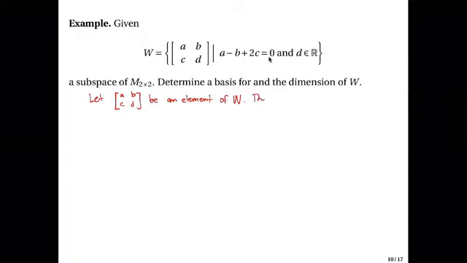Then you have A minus 2B plus, A minus B plus 2C. This must be equal to W, and your D is any real number. Or, from this, you can write A equals B minus 2C.